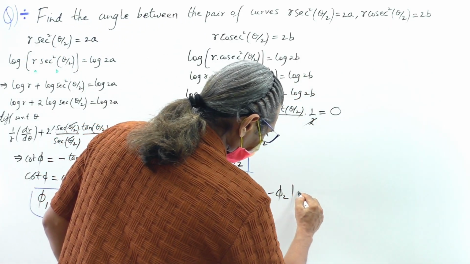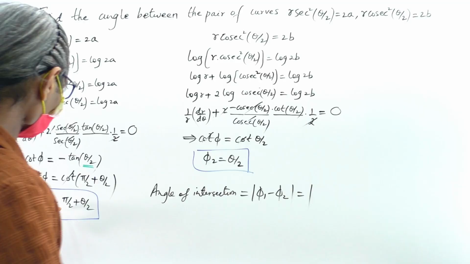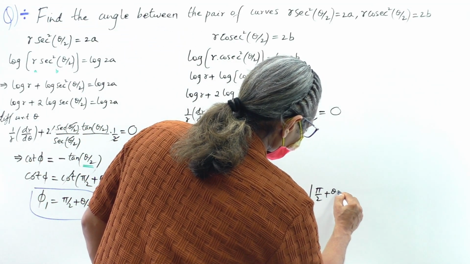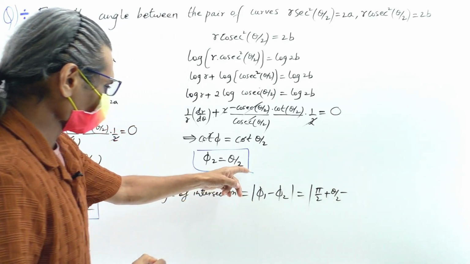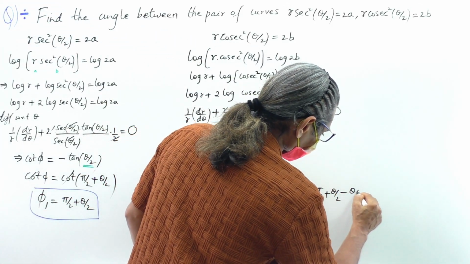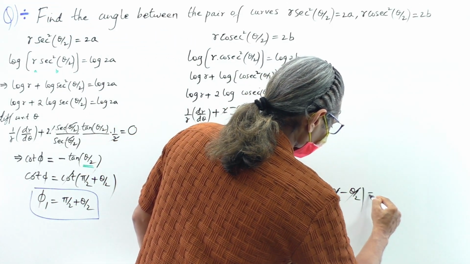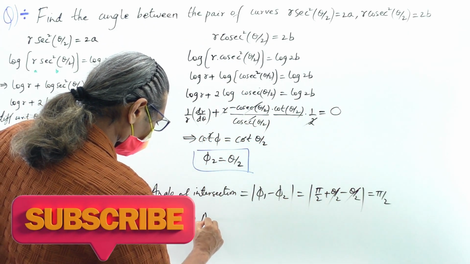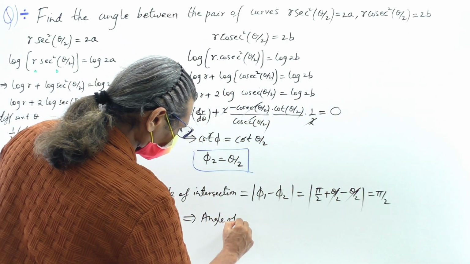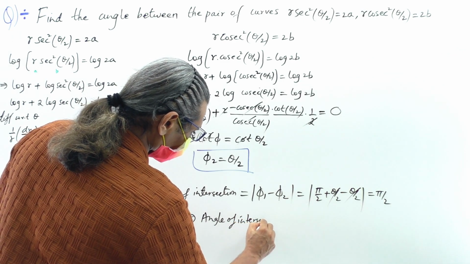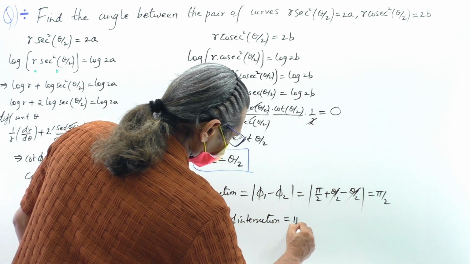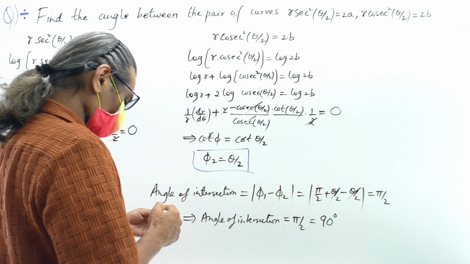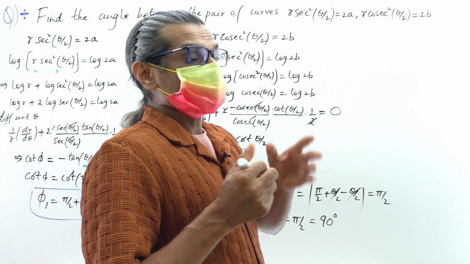That means this will be the modulus of pi by 2 plus theta by 2, minus phi 2, which is theta by 2. It cancels, so it is pi by 2. Therefore we conclude the angle of intersection is equal to pi by 2, that is 90 degrees. Beautiful solution.